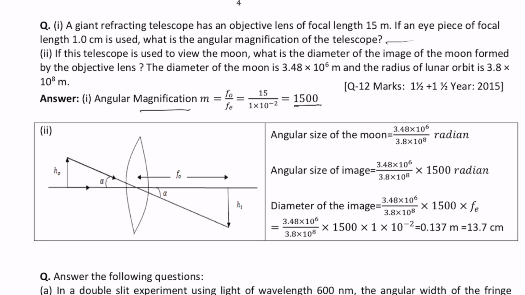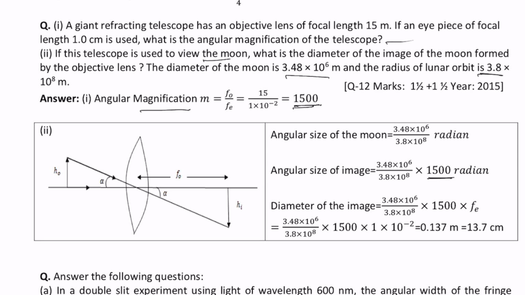If this telescope is used to view the moon, the diameter of the moon is 3.48 into 10 to the power 6, and the lunar orbit size is 3.8 into 10 to the power 8. So this is the angular size in radian. So the angular size of the image is 3.48 into 10 to the power 6 by 3.8 into 10 to the power 8, into 1500, where 1500 is the angular magnification.